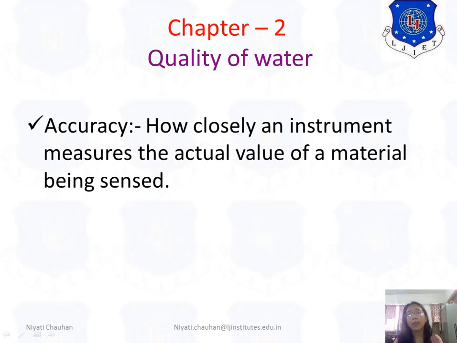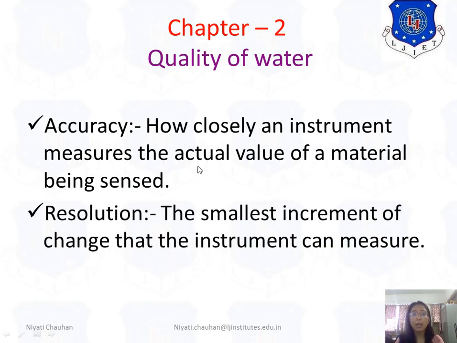Next one, accuracy. How closely an instrument measures the actual value of a material being sensed, right? It means if you are taking a reading, then how close it is to the actual value of the material the instrument is sensing, that is its accuracy. Next, resolution.